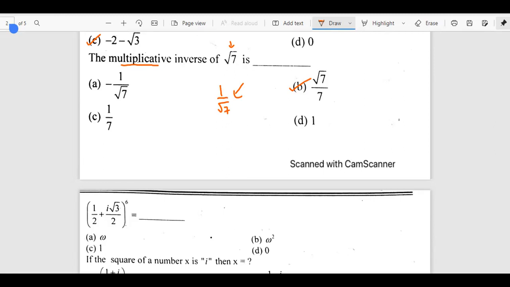If you have 1 divided by under root 2, you have under root 2 by 2. You can check that and then you will get a better idea. This only holds for prime numbers, okay? Whenever you have a prime number, 7 is a prime number, 1 by under root 7 is under root 7 by 7.